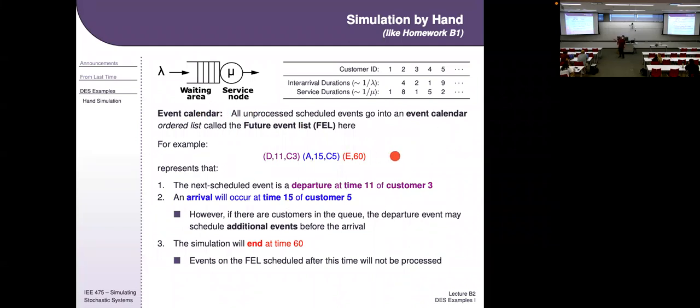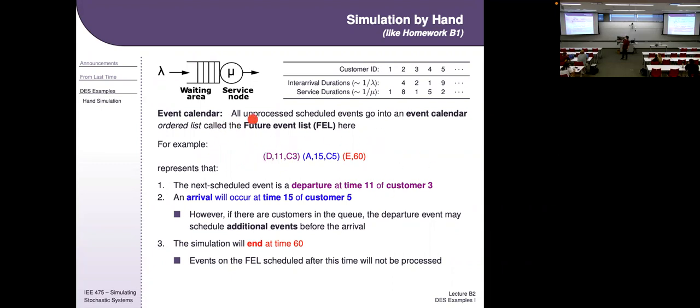So this is an example future event list. The future event list should always be sorted by event time. So notice it goes 11, 15, 60. You may not add them in order. It might be that you thought the next event was arrival 15, but then the logic told you needed to schedule a departure, which happened at time 11, which means you end up having to add it to the left here.